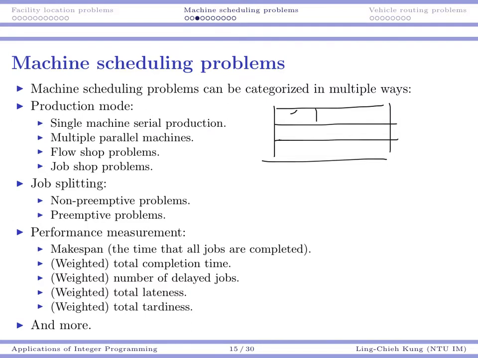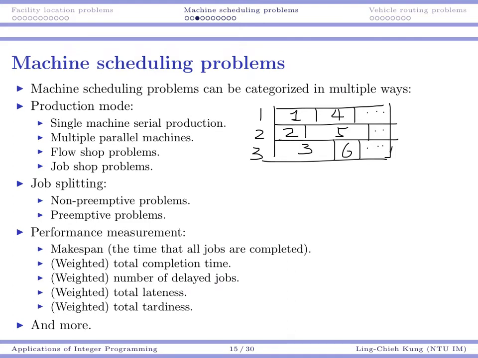So let's work on job 1 here while we are working on job 2 there, and we work on job 3 there, and maybe this is job 4, job 5, job 6, and so on. This is your machine 1, 2, 3. So in this particular case, parallel machines means each machine is unrelated to another, and each job is unrelated to the others. They can be processed in parallel.